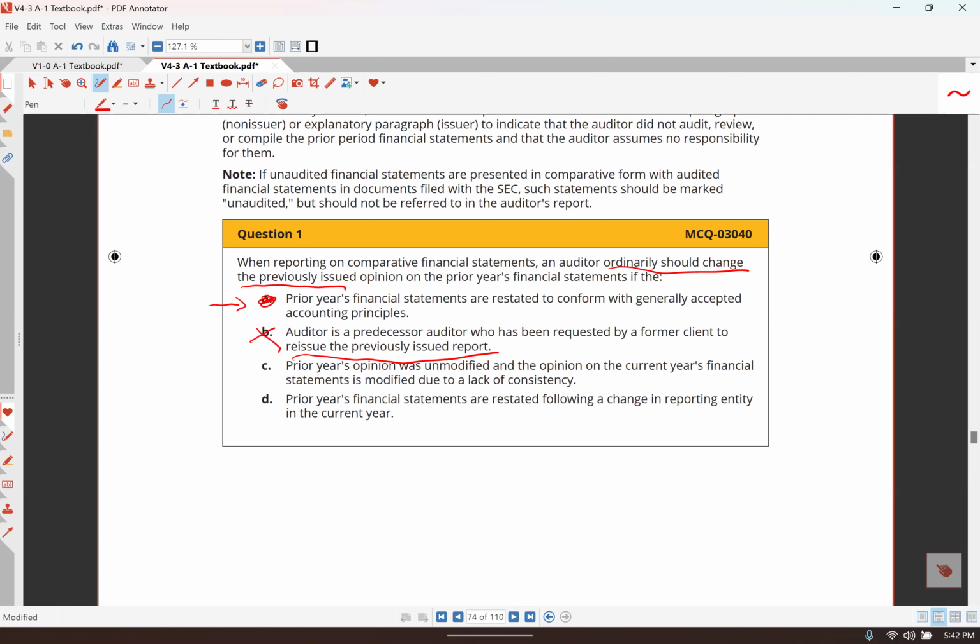So I have finished the consolidation for this year. If we're doing comparative statements, what do I have to do with last year's statements?"